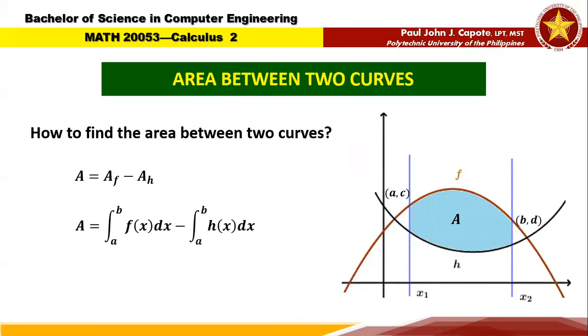Substituting the corresponding formula for these areas, we have area between two curves is equal to the definite integral of the function f of x dx from a to b minus the definite integral of the function h of x dx from a to b.